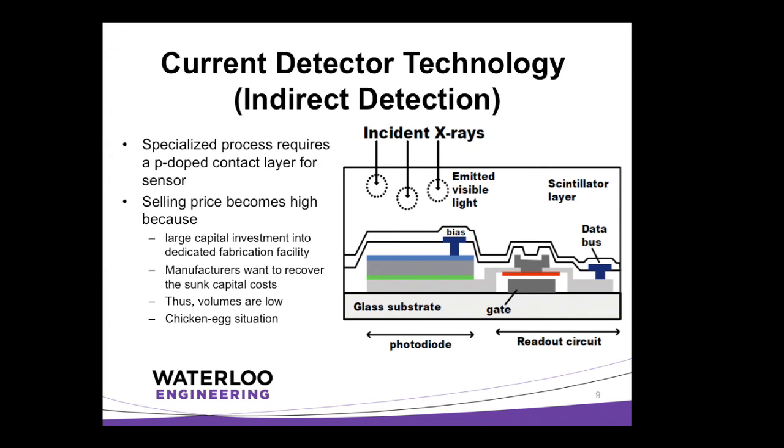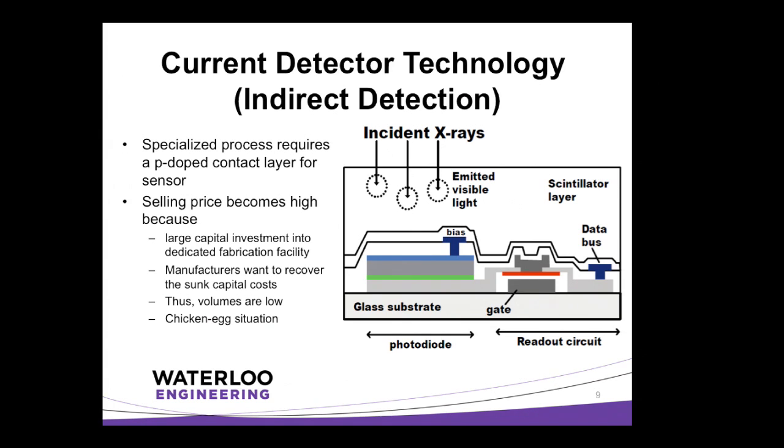Now that photodiode happens to have a p-doped contact, an ITO layer. It's a little bit specialized. So you can't just go to any TFT fab and say, I want this to be made, because some of those layers introduce contaminants. So it makes it a little bit complicated.